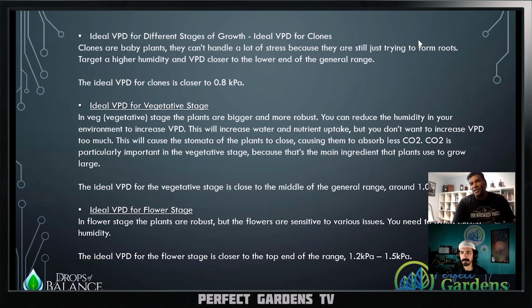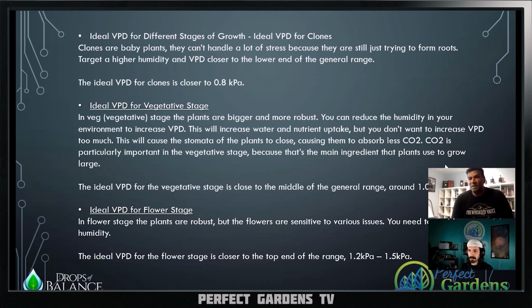The reason why I don't like to put a lot of CO2 in my mother rooms and perhaps in my veg rooms is that if you have too much CO2, the plant will respond by producing fewer pores. It's going to produce fewer stomates, because it doesn't need as many.